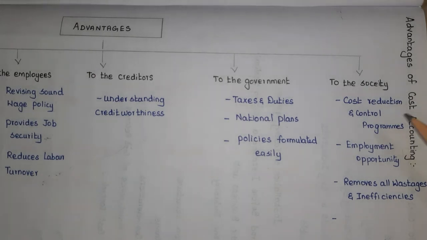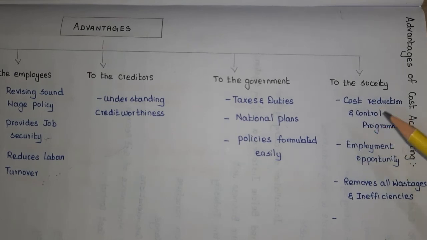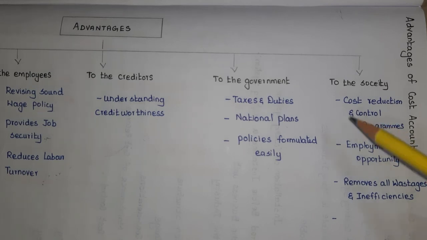Here, cost reduction and control programs. That is, it provides the management with cost reduction and control programs which help in reducing the cost of goods and services. It is no doubt useful to the society because the customers could pay a lower price. The next point is employment opportunity.